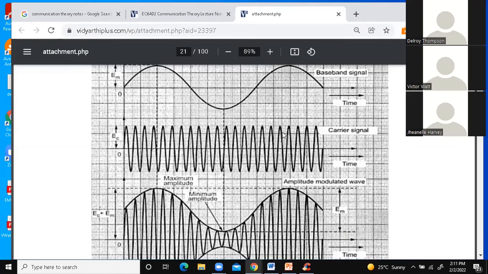So when you convolve those deltas, you get this.